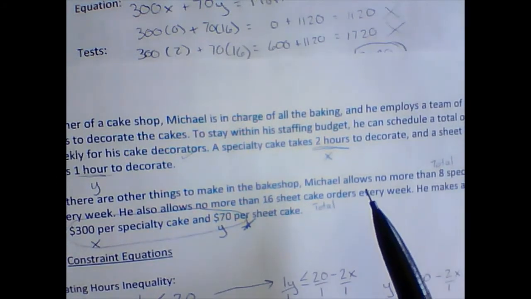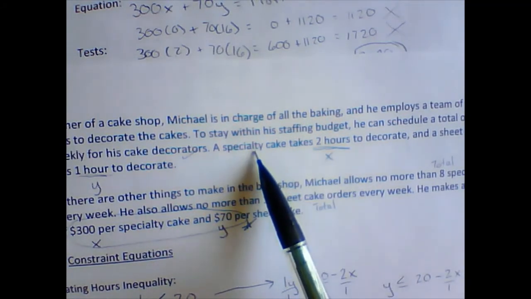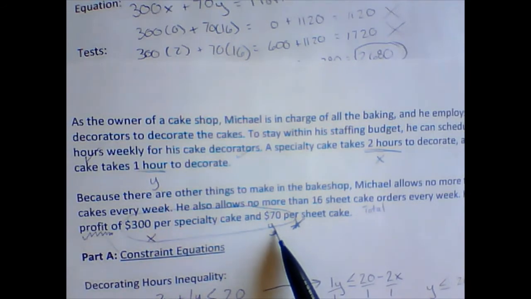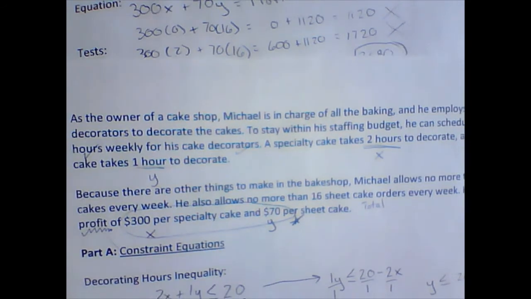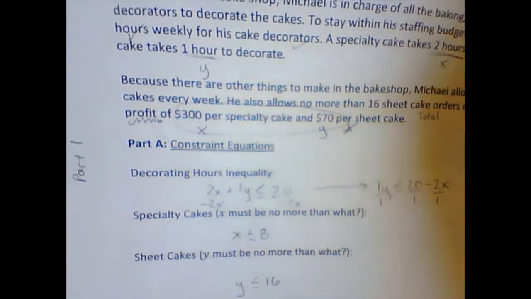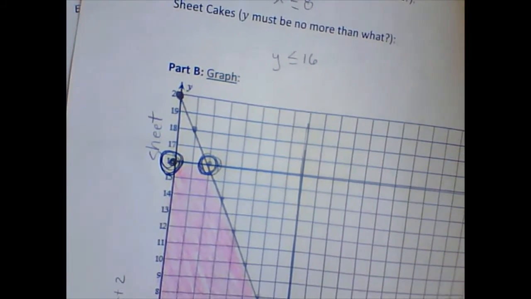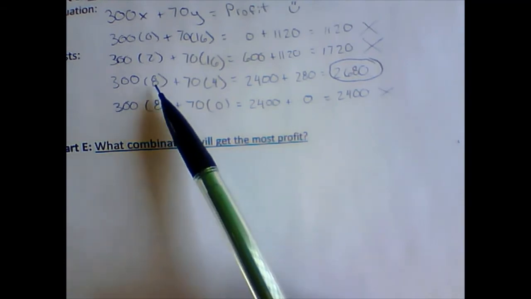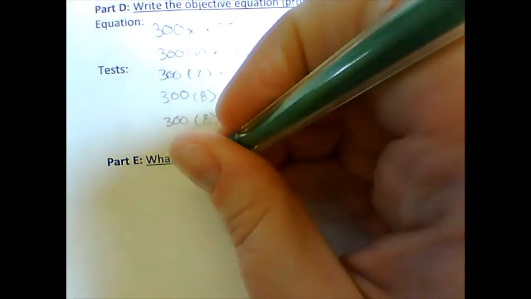So we could remember x was the specialty cake, and y was the sheet cake. And for quick glances, we also put them on the graph. So you can look at the y-axis and the x-axis to see who was what. So 8, that's the specialty cake. That's going to help us make the most money.